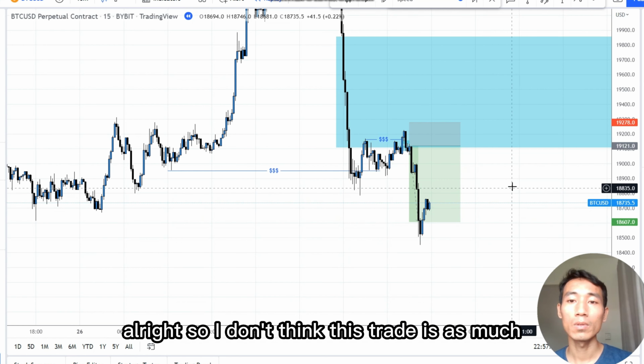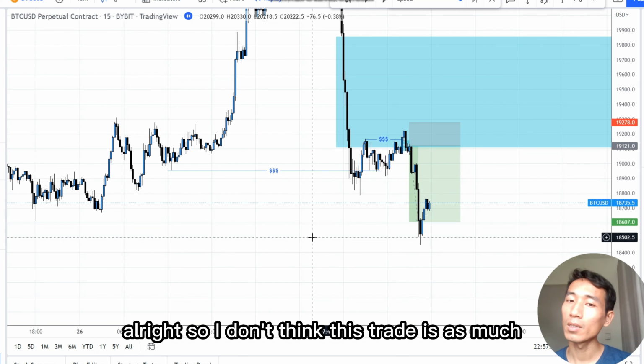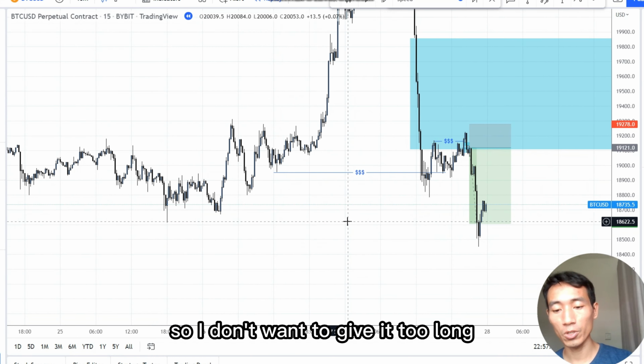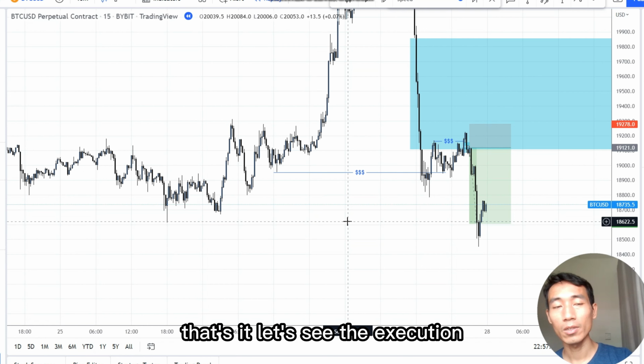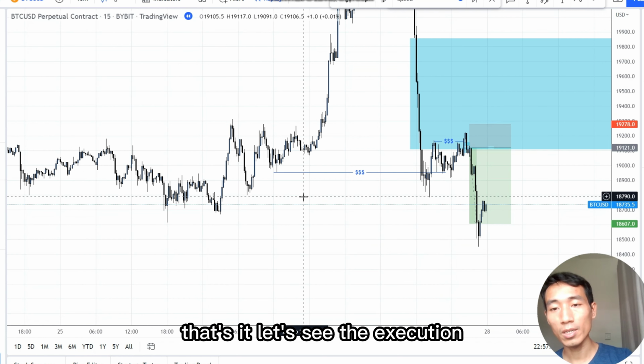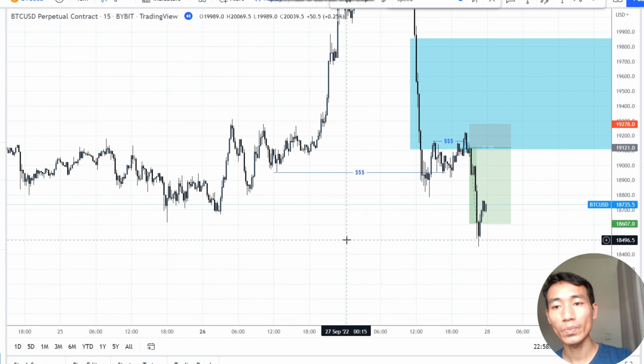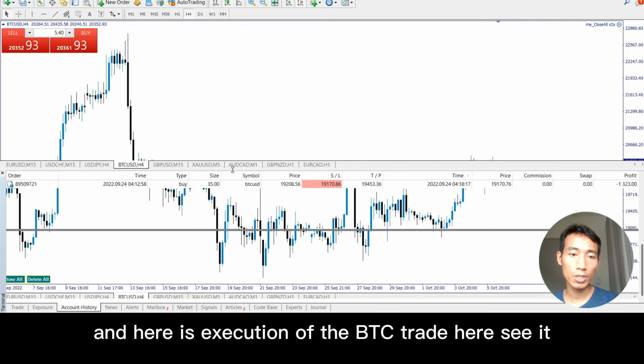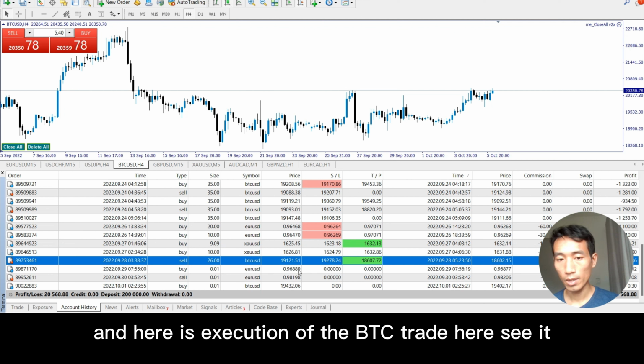Alright, so I don't think this trade is as complicated, so I don't want to keep it too long. That's it. Let's see the execution. And here is the execution of the Bitcoin trade. Here, see it?